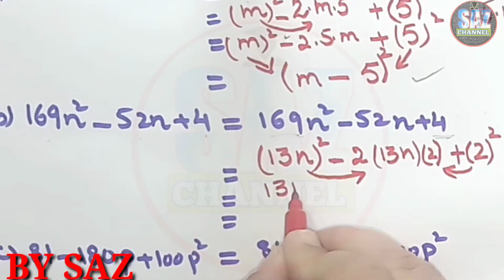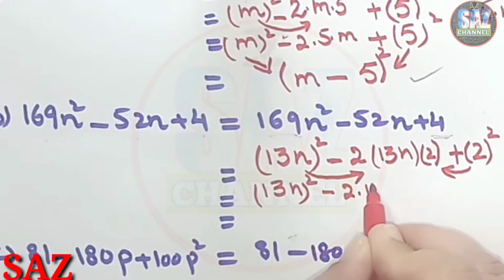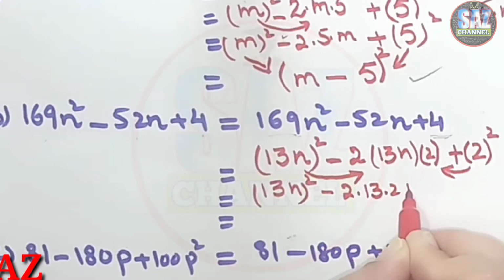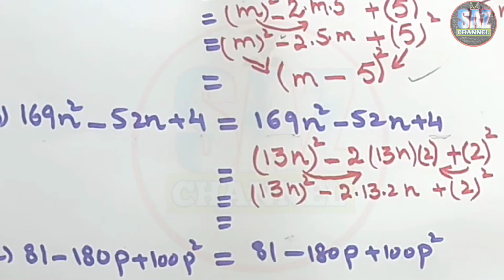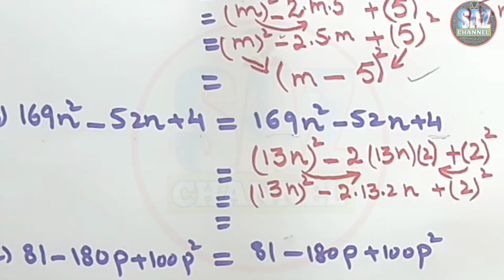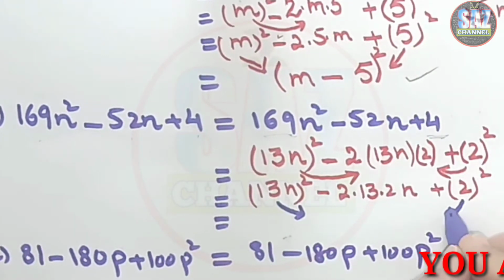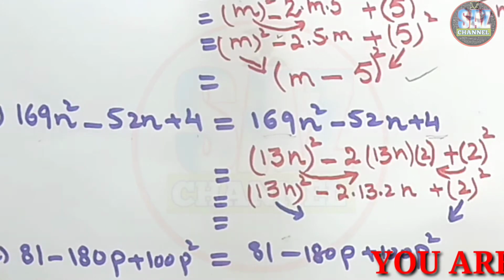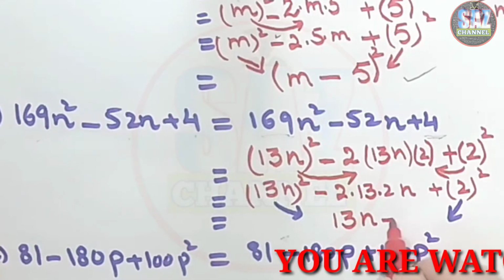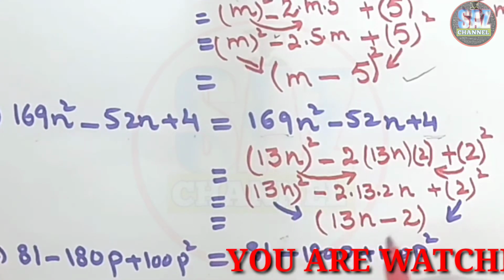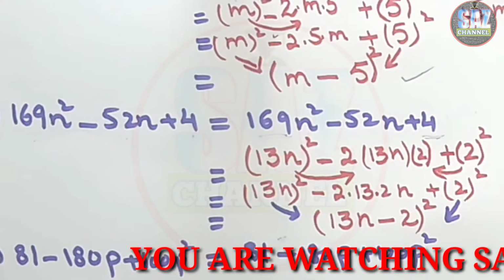It can be written as 13n whole square minus 2 into 13 into 2 and n plus 2 square. Now write it in the form of a minus b whole square, and for that we will be taking a from this part and b from this part, and I can write it in the form 13n minus 2. The sign of the middle term will come as it is at the middle place. I hope you are clear about this question.